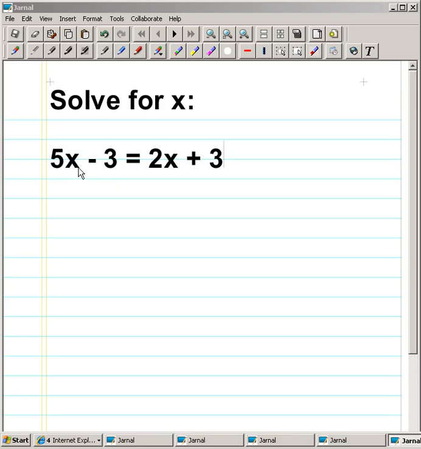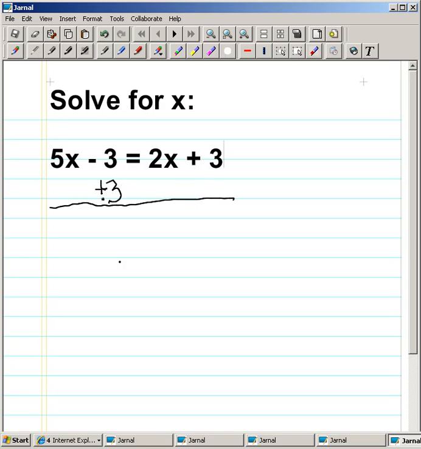My first step is to isolate this 5x term because I want to isolate the variable x on the left-hand side. In order to do that, I am going to add the value 3. Adding is the inverse operation to subtraction.